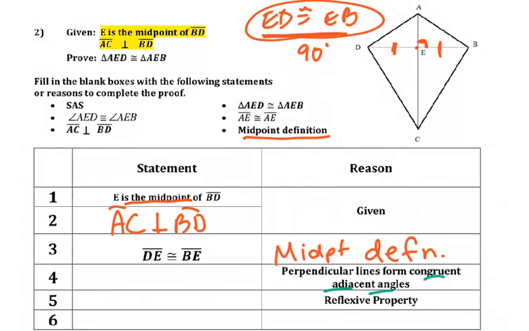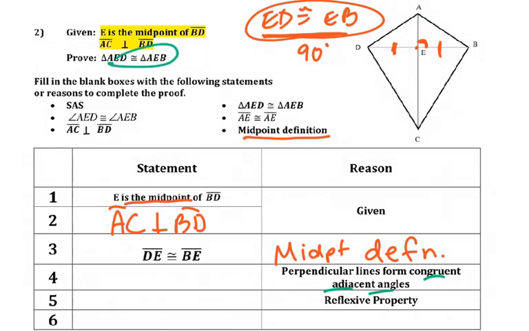So what are two congruent adjacent angles? If these lines are perpendicular, it's forming these two the same, or these two the same, or these two the same, or these two the same. Those are all true statements. Which one do I want to use? That's the question. Look at what I'm trying to do.